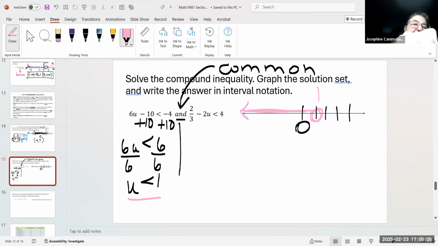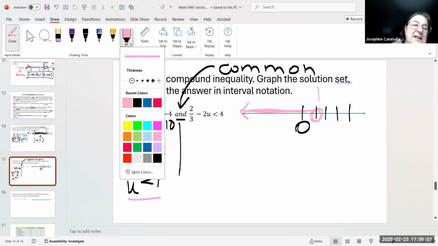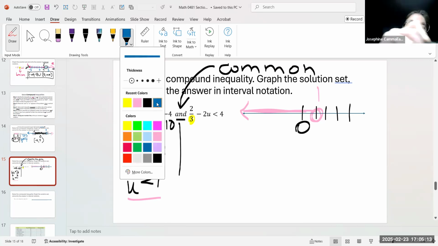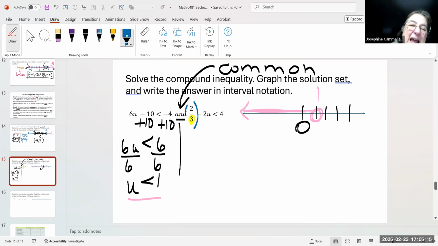Okay. Now, this has a fraction. Remember, we're going to get rid of it. That means I'm multiplying everything by 3. This is going to give me 2 minus 6u is less than 12. Get rid of the fractions.